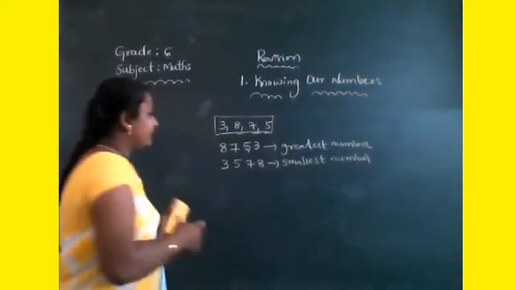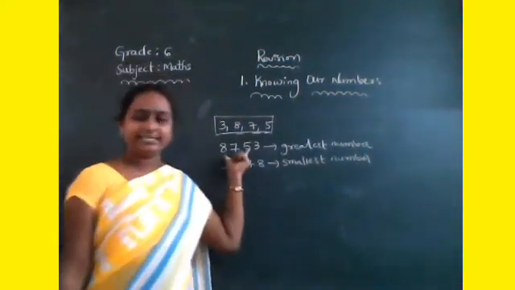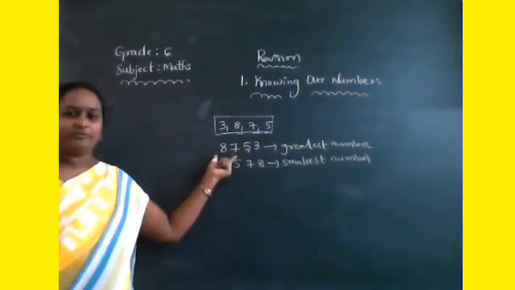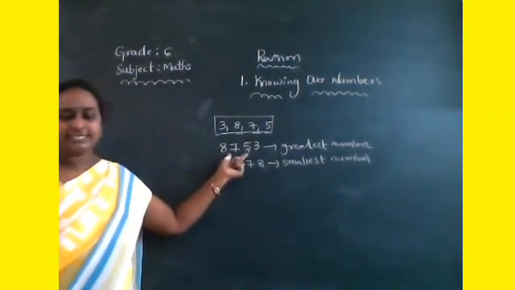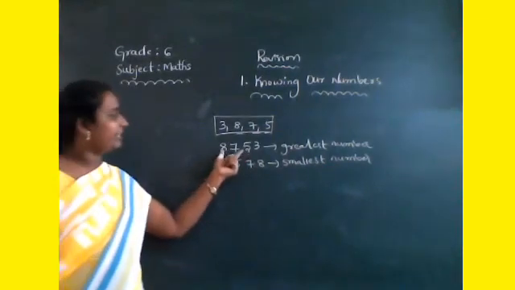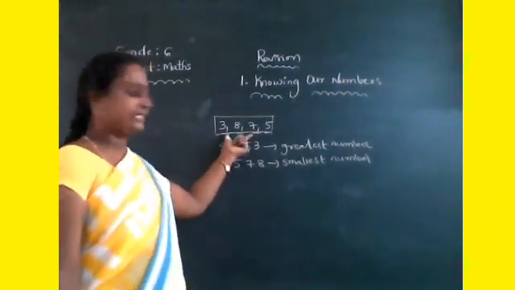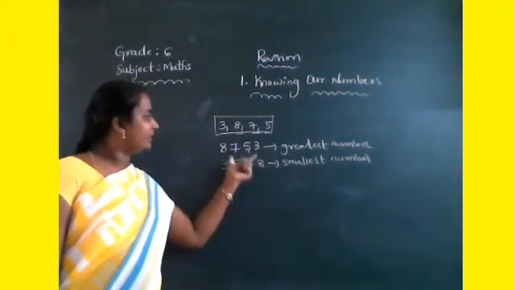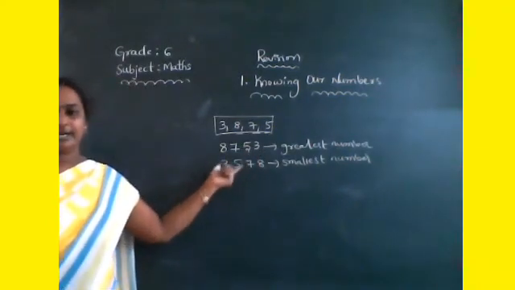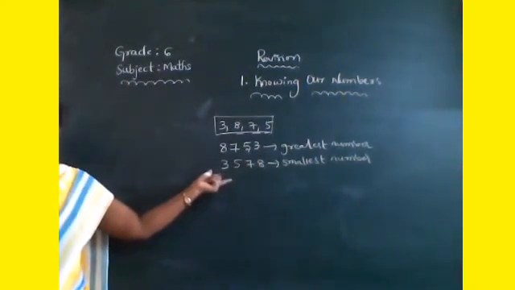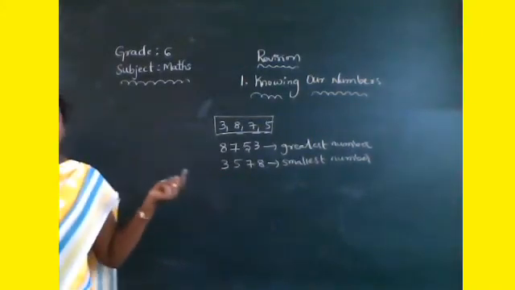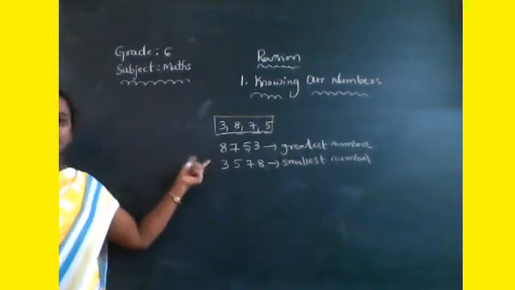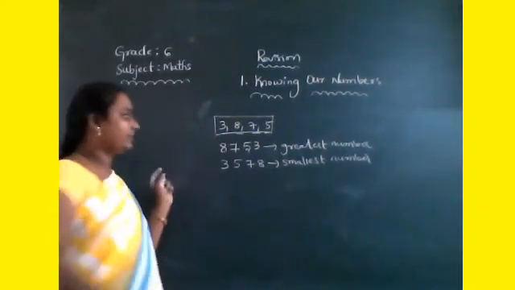So observe, is there any digit repeated? No, here no digit is repeated. So that's why using the 4 digits I have formed one greatest number and the smallest number. Like this you can try many examples. Okay children? Right.